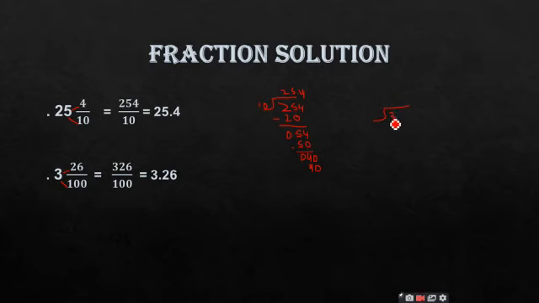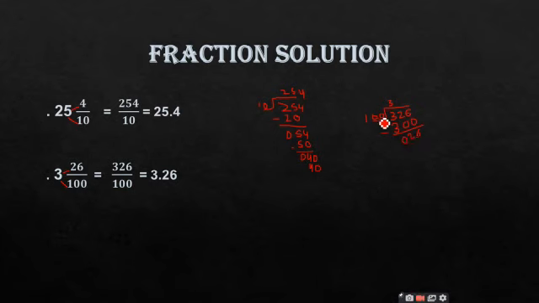326 divided by 100. 100 threes are 300. Now when we subtract, we get 6 minus 0 is 6, 2 minus 0 is 2 and 3 minus 3 is 0.